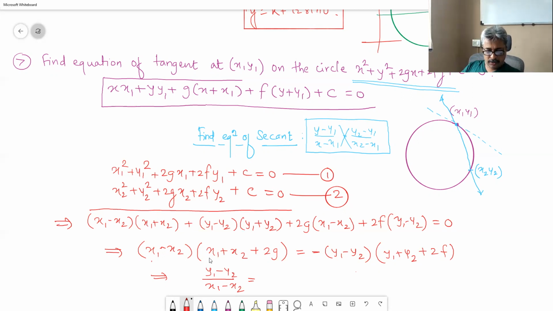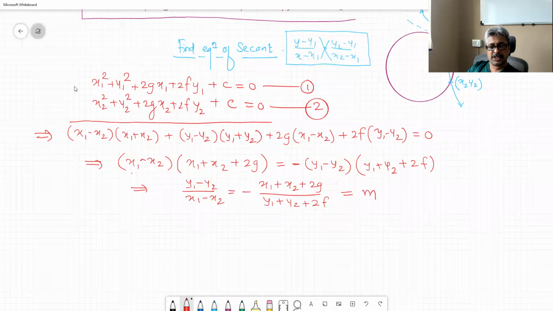And if we do that, what we will get is minus (x1 plus x2 plus 2g) upon (y1 plus y2 plus 2f). Is that right? And this is the slope of the secant, m. What we are interested in is the slope of the secant.